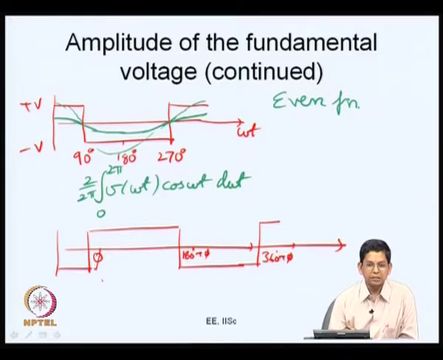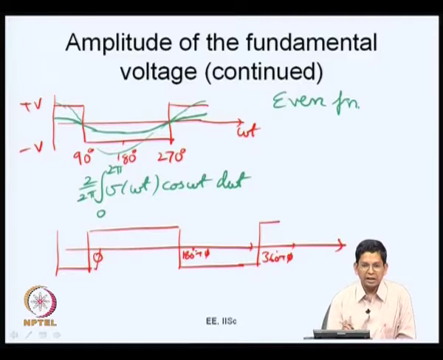In such cases, if we do not know what this phi is, or in any kind of general waveform, what we need to be doing is, we need to multiply this waveform by sine omega t, and do the integration over the cycle. And similarly, we must multiply the waveform by cos omega t also.